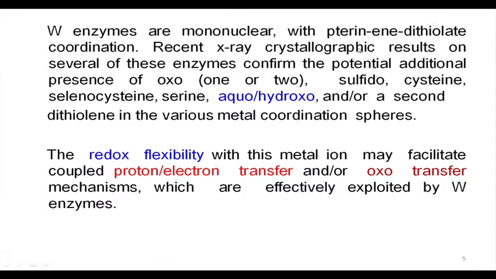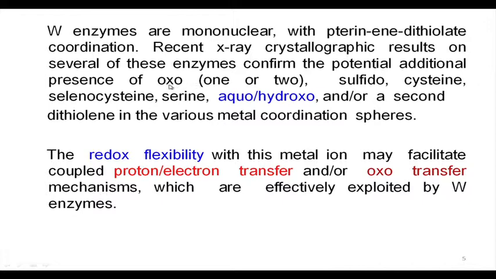So, the backbone is giving us the planar geometry, and the protein crystallography, so X-ray crystallographic results of these several enzymes, show that we can add the corresponding oxo groups to the tungsten center.